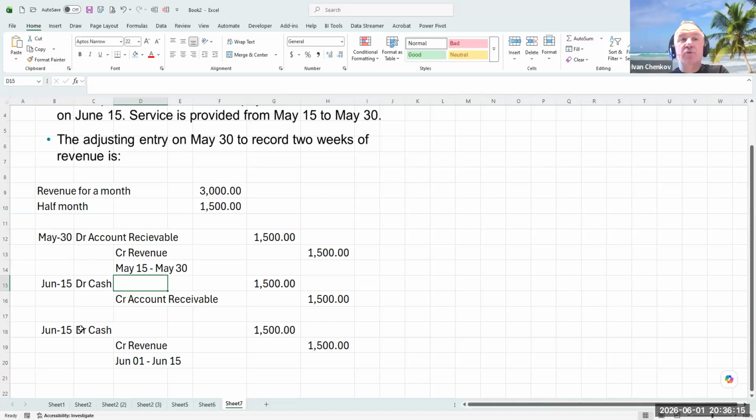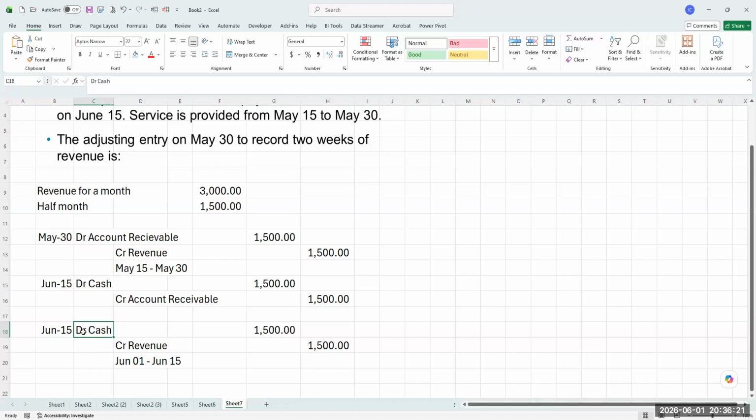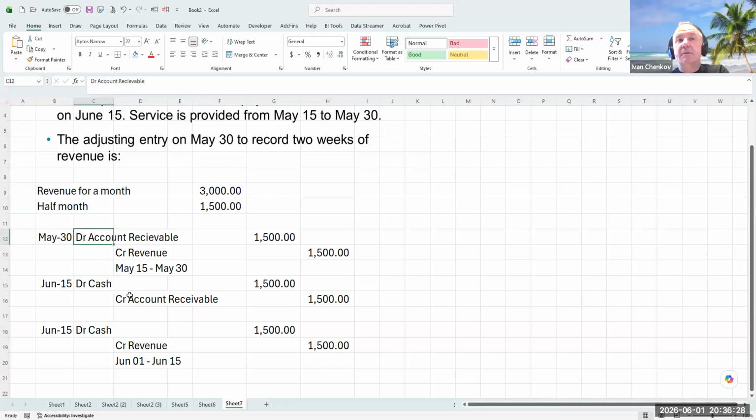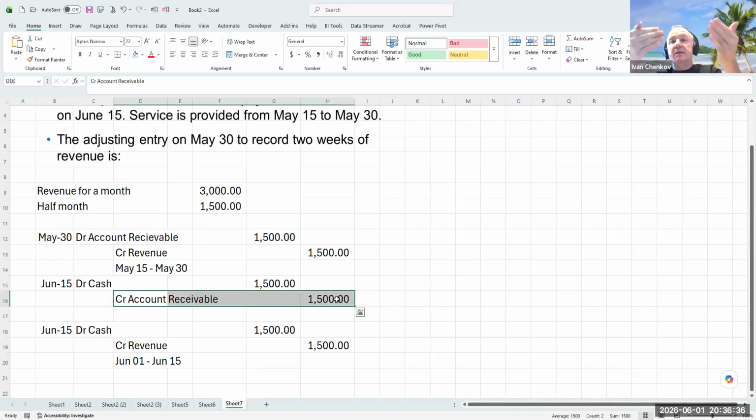So what happened on June 15 when there's no accounts receivable? Debit cash, credit revenue. In the meantime, I'm working with the receivables. I'm creating receivables, which later are closed.